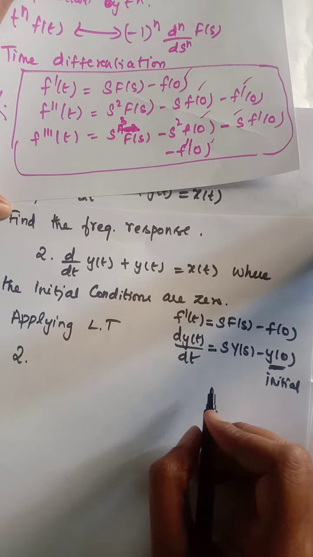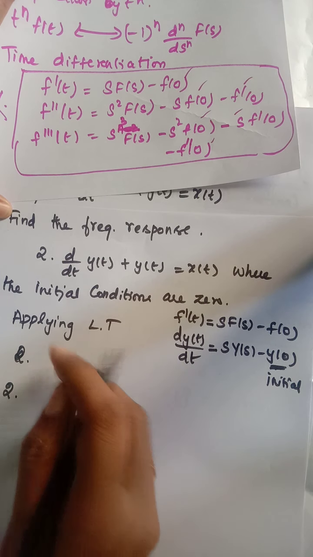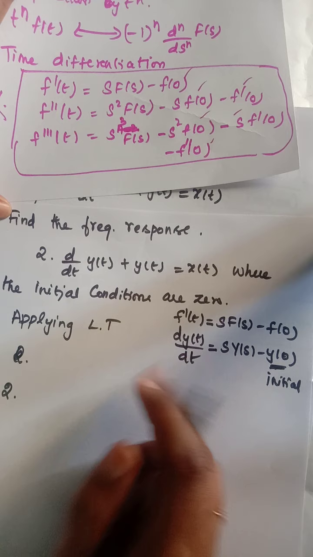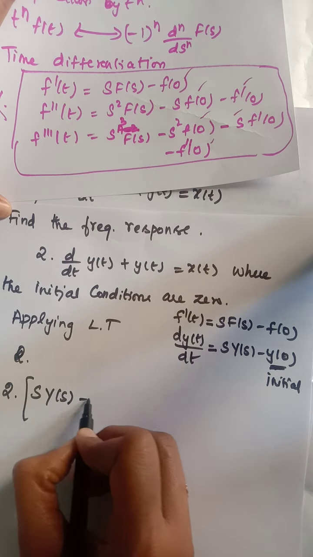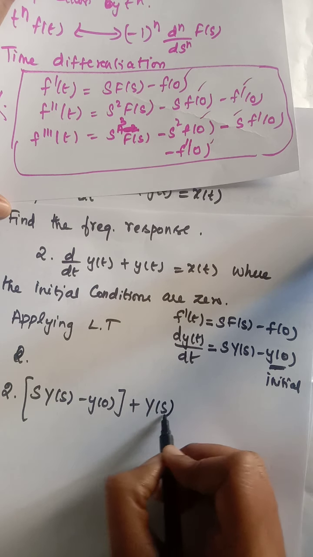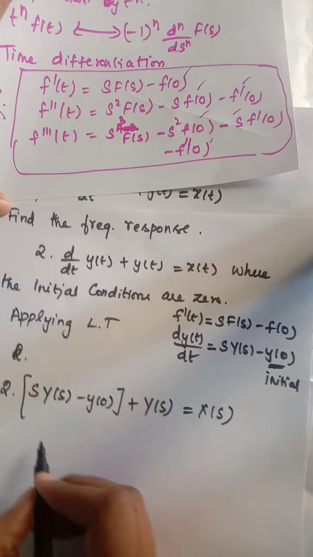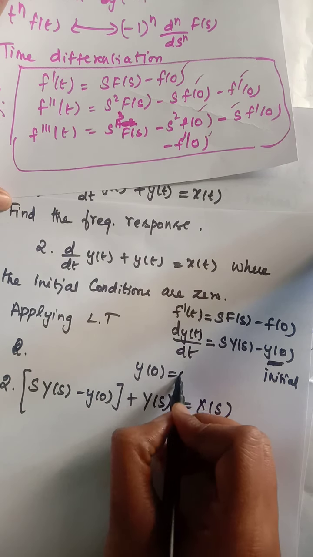Now the initial condition is 0 in this case. So I am going to apply 2 into (s Y of s minus y of 0) plus Y of s, which is equal to X of s. Since the initial condition is 0, y of 0 is equal to 0.